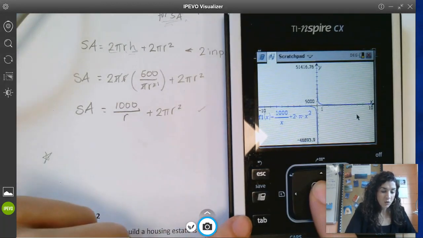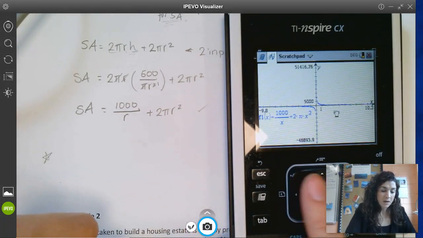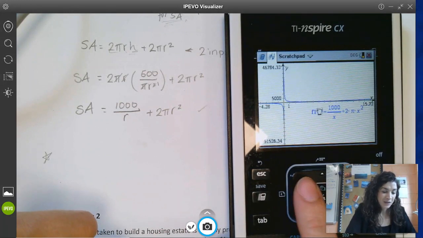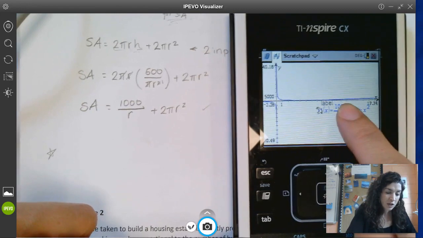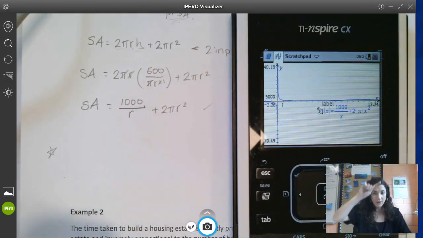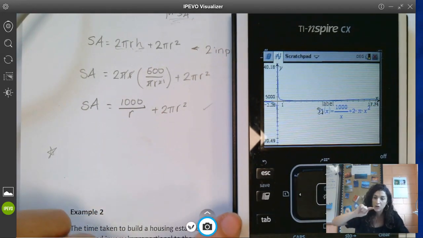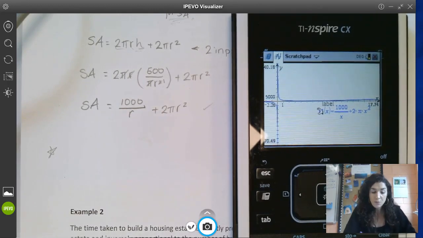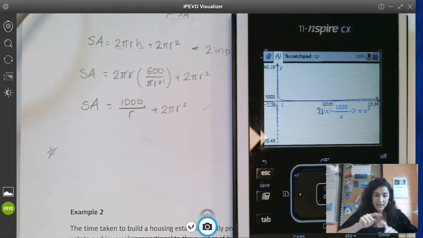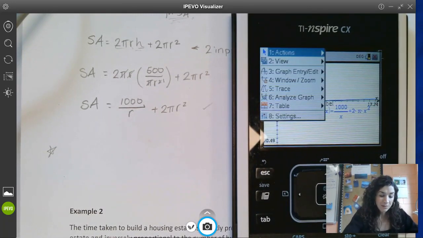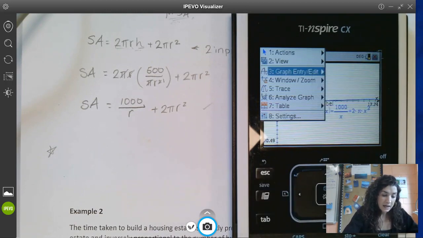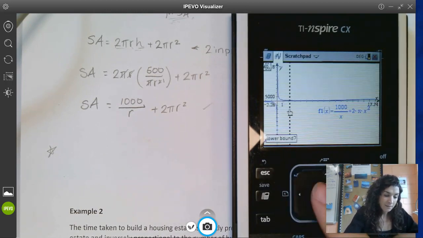And maybe your thoughts were there are no minimums on this, but there actually is a minimum. If you kind of click and drag this guy over, notice it goes back up. And maybe you saw when I first graphed it, it actually does have like this weird parabola side to it where it does have a minimum over here. So if you're like, I don't think it has a minimum, try zooming out a little bit more. And then we can go in and find that minimum.